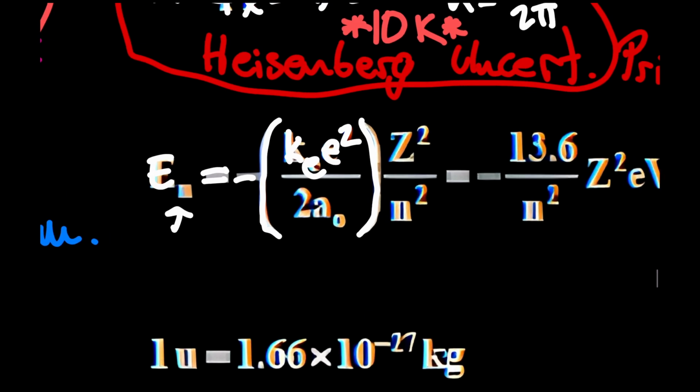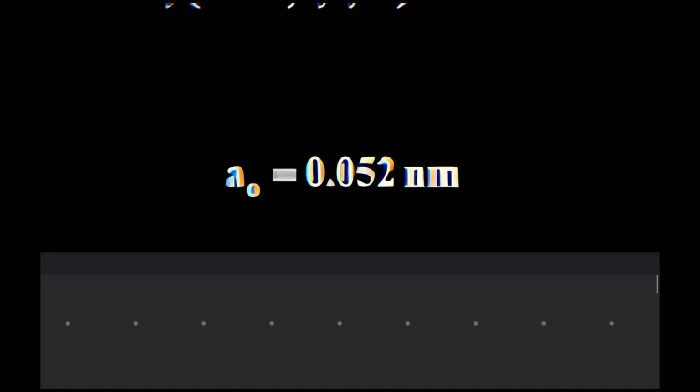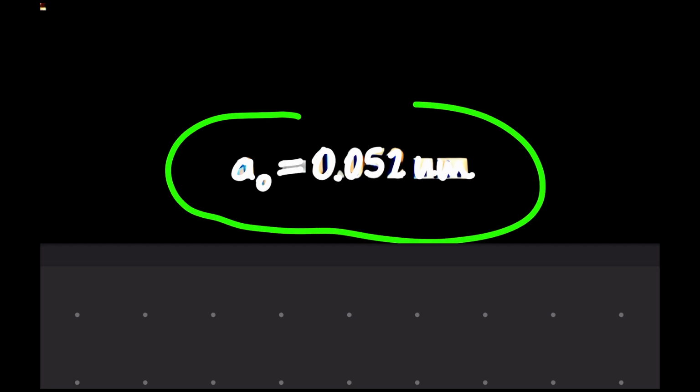And at the bottom we have this 2, and this looks like a lowercase a, which I don't like writing like this. I normally write my a's like this, and subscript 0. So is there an a subscript 0? There is. A subscript 0 equals 0.052 nanometers. So I'm going to put this in green since we've looked at it.